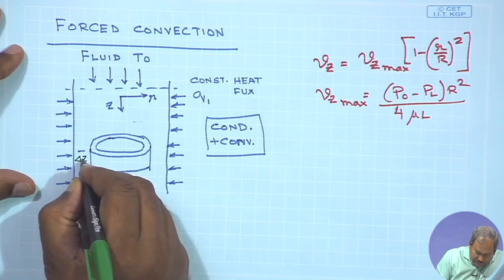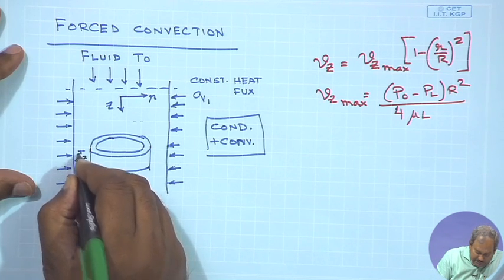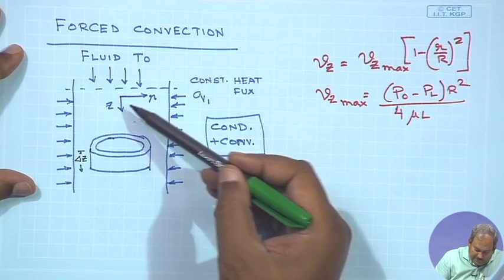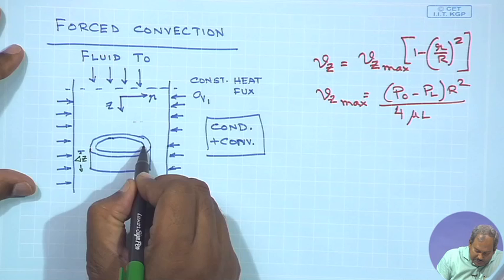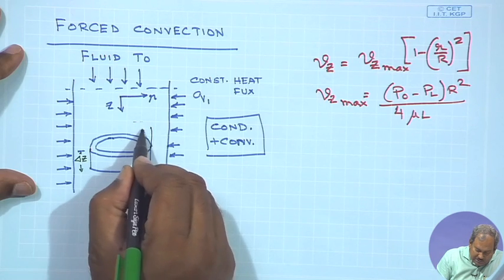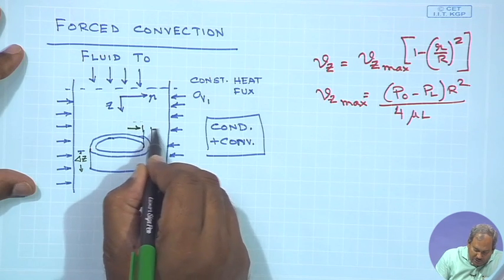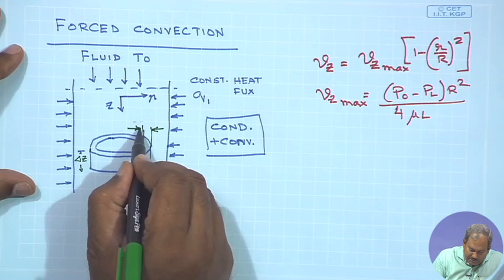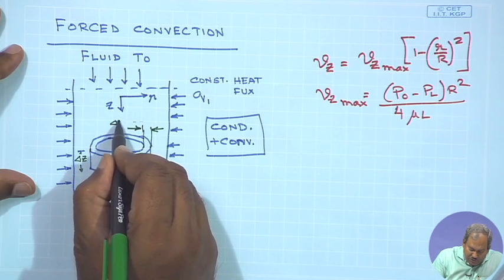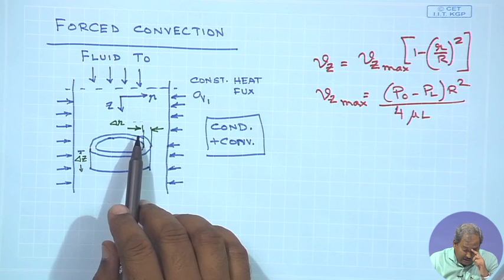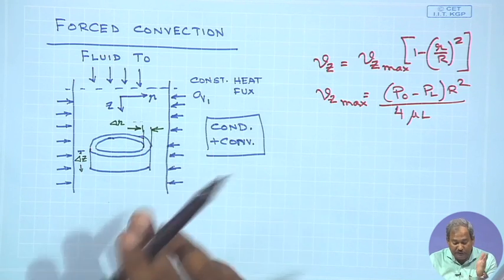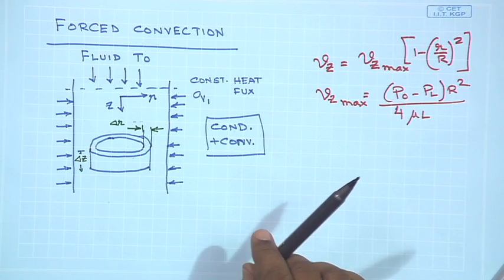a length equal to delta Z, since the temperature varies with Z, and since the temperature varies with R, the other dimension of the imaginary shell across which we are going to make a heat balance must be equal to delta R. So, see the problem that we are facing right now.